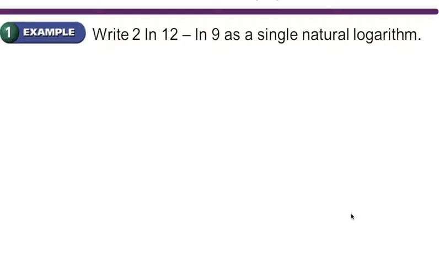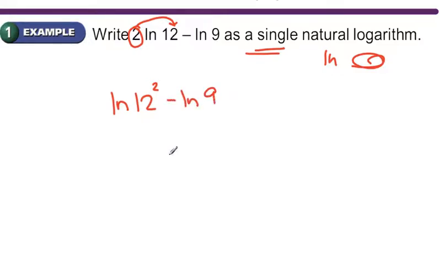All right. Writing this as a single, that's one single natural logarithm, so we should have 1 ln something. Okay, so we've got this 2, and it's going to come here, and that's going to be the power. That gives us ln 12 squared minus ln 9.